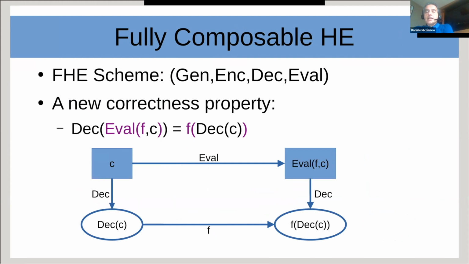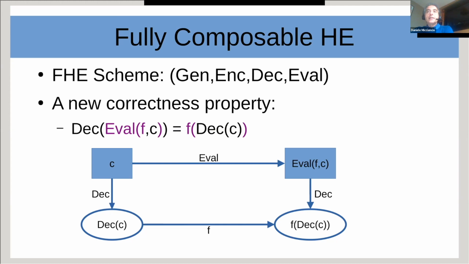So the difference is that instead of starting from a message, encrypting, evaluating, and decrypting, what we do is start from a ciphertext C. And we require that for any ciphertext C, if you decrypt it, and then you apply a function f in the clear on the result of the decryption, you should get exactly the same result as first evaluating the function f homomorphically and then decrypting the result of the evaluation. So in a sense, evaluation and decryption should commute, these two operations.